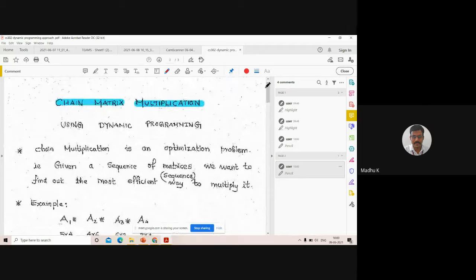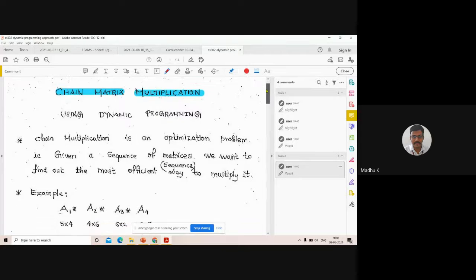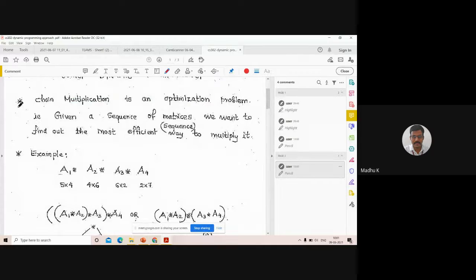Sometimes in the exams, they may ask the basic question: explain the concept of chain matrix multiplication with an example. So we should define what the chain matrix multiplication problem is, then give an example.